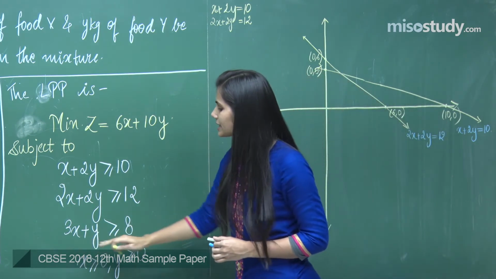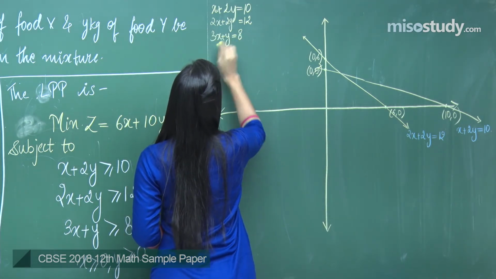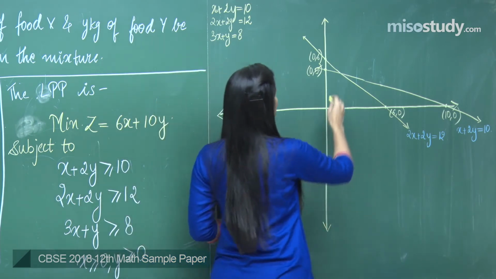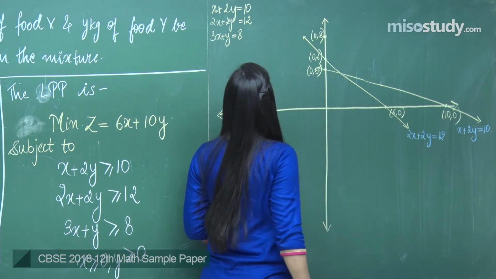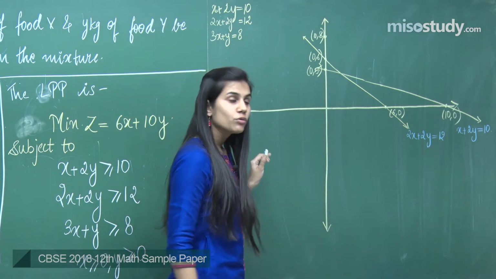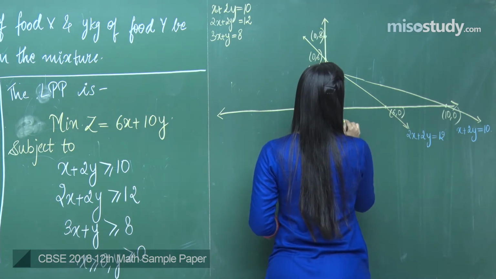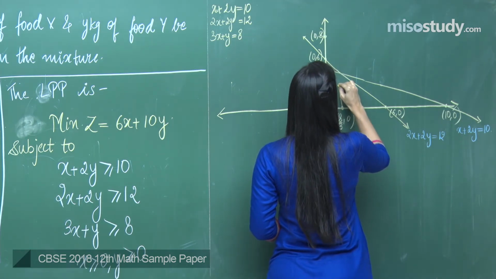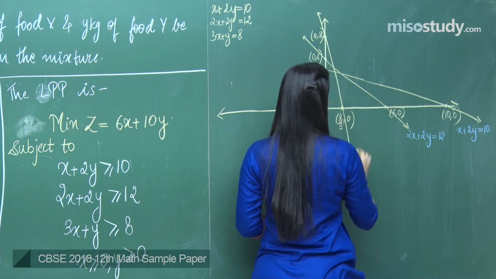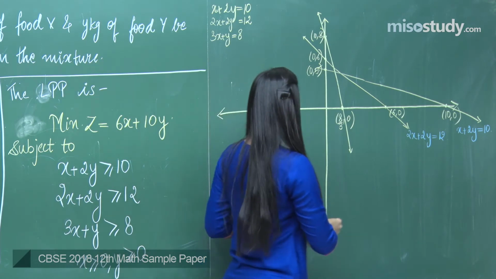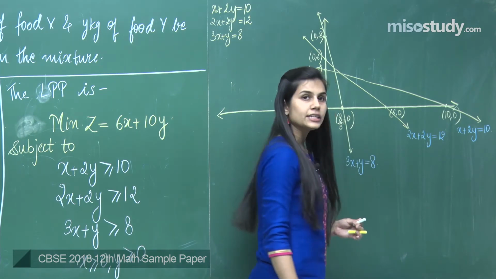After that, you have 3X plus Y equals 8. So, put X equals 0, you get Y equals 8. Then you put Y equals 0, get X equals 8 by 3. And so, this is what you obtain as the line, which is 3X plus Y equals 8.